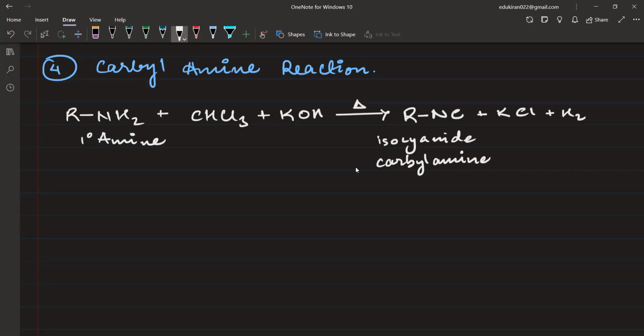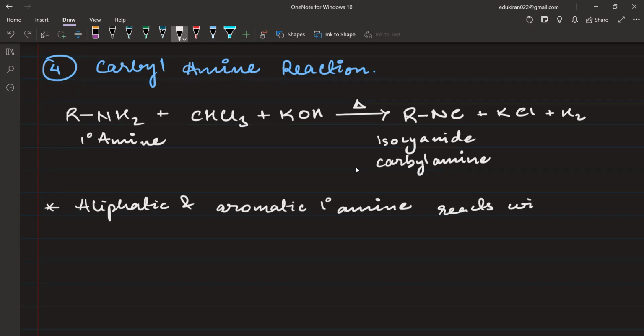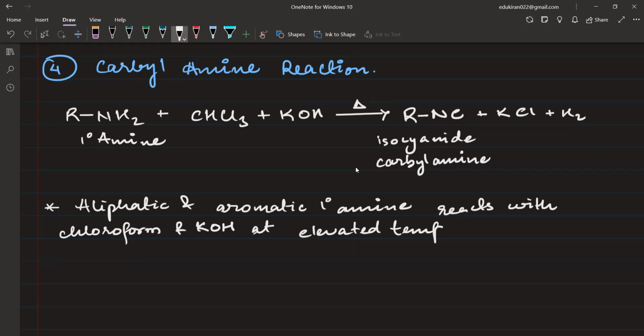So please write: aliphatic and aromatic 1 degree amine reacts with chloroform and KOH at elevated temperature to form isocyanide.